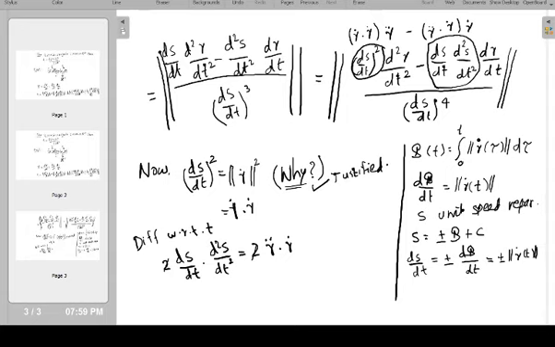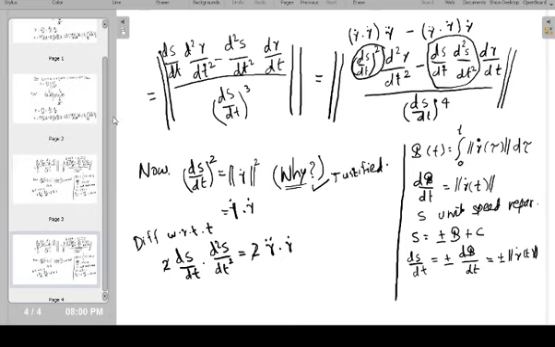Okay. So I will use another new board. So kappa, the left side was kappa.